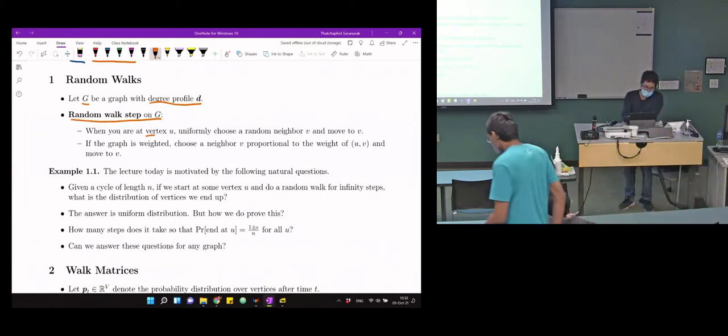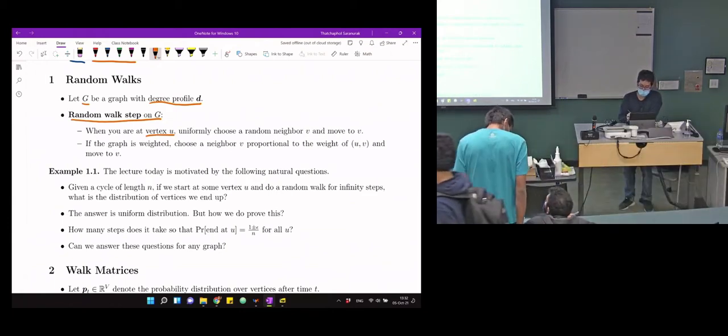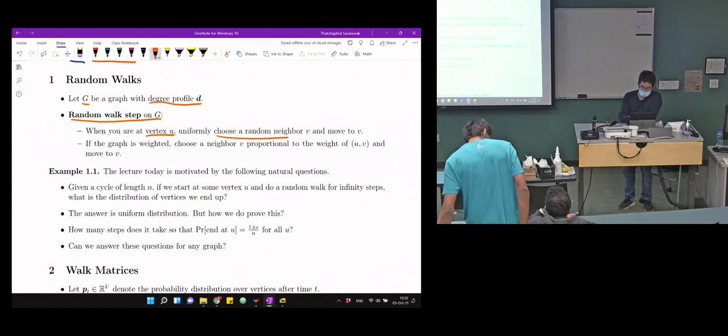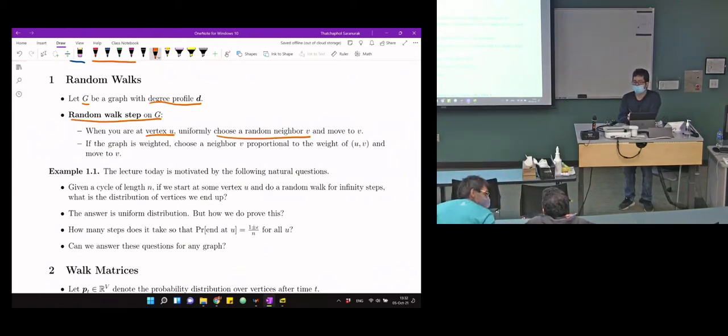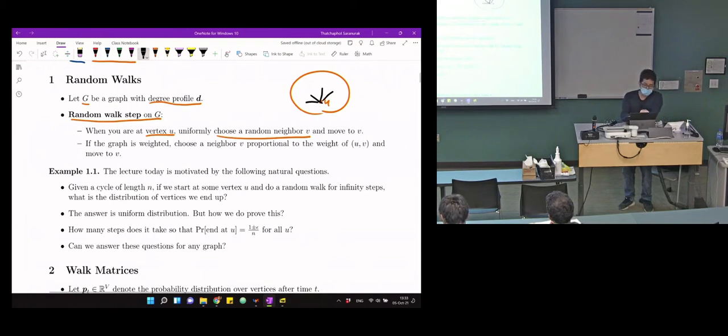Suppose that you are now at a vertex U. You choose a random neighbor of U, say V, and move to that random neighbor. If there are 4 neighbors, you choose one of them uniformly at random. Let's say you go to this one. Each of them is chosen with probability 1/4. So you go to V, and that's your random walk step. Very simple.